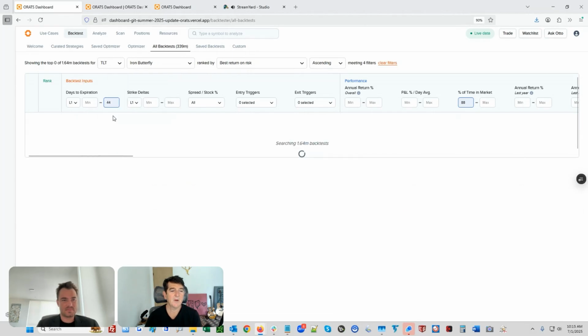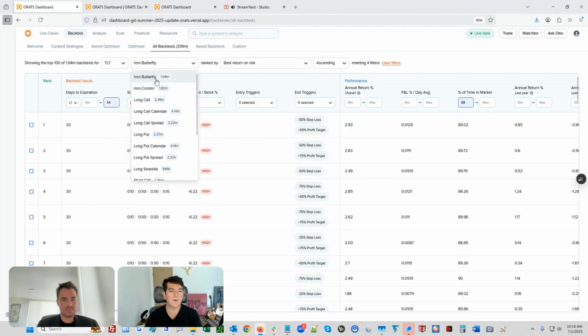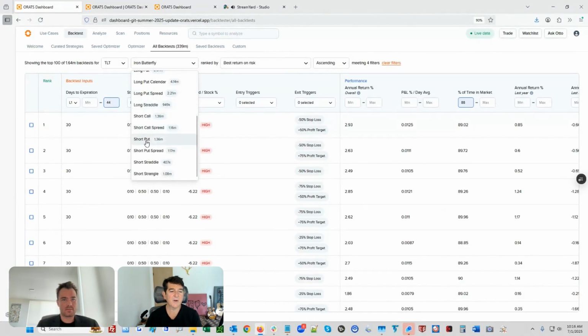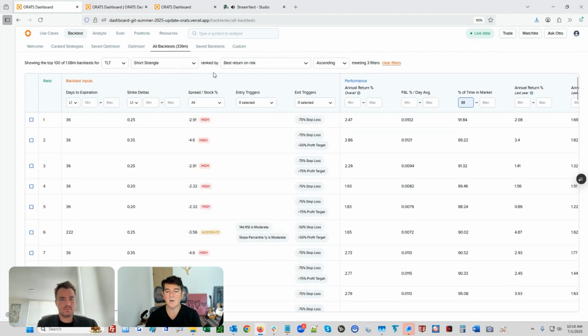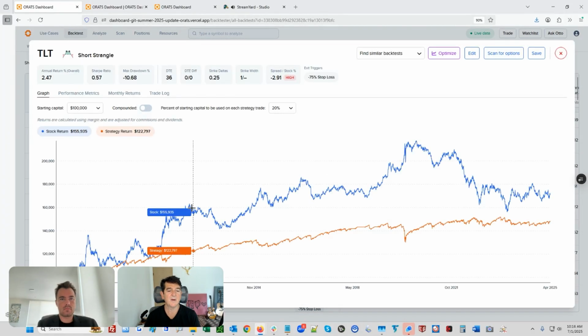Right. And then there are many different strategies that you could look at, short put spread, short strangle. And then, again, you want to find strategies that are in the market a fair amount, and we can try to find indicators that improve these.